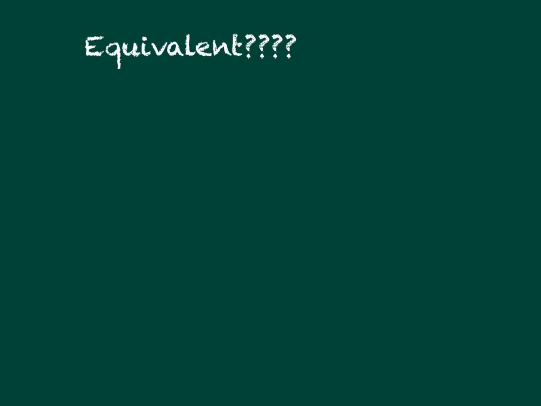Okay, so now let's talk about what it means when the directions tell you to create an equivalent expression. In order for it to be equivalent, all that means is for it to be equal to each other. So if you turn to page 17 in your notes packet, the first problem that we see is c times (4a plus b).